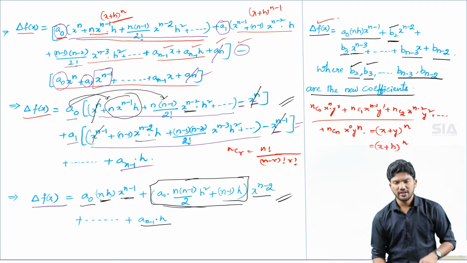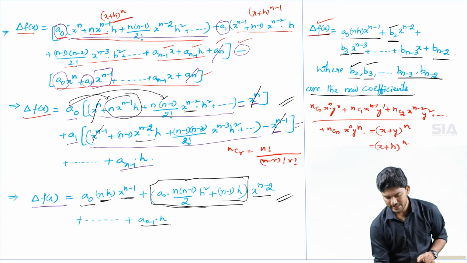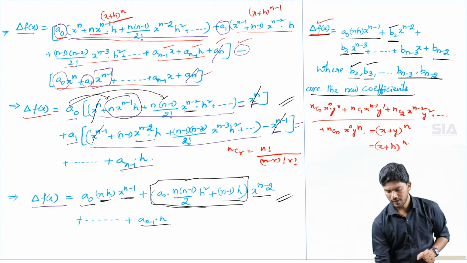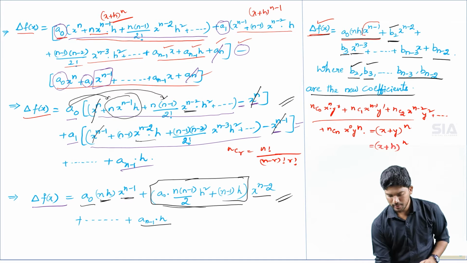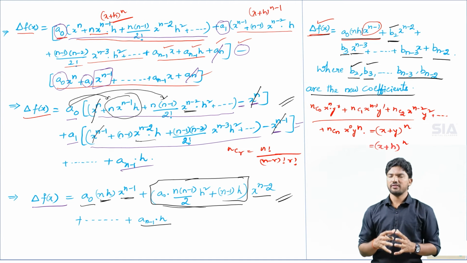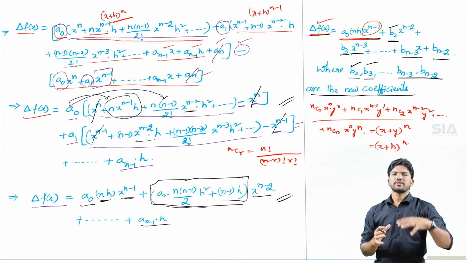So the first difference Δf(x) of the given polynomial is a₀·n·h·x^(n−1). Now this x^(n−1) is the highest order variable, and the coefficient of the highest order variable is called the leading coefficient.